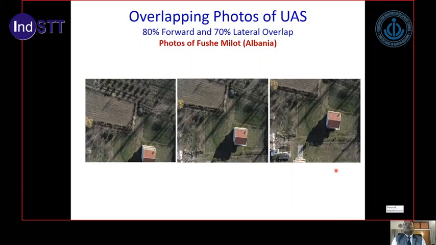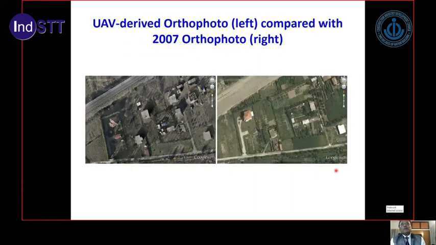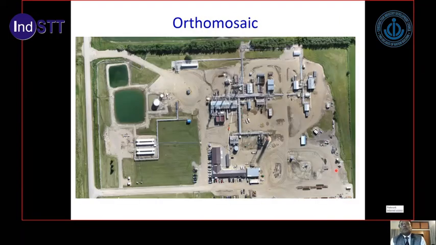Once you create the orthophotos, you can carry out accurate measurements, and it acts like a topographical map. This is the orthophoto of an area which has been created by joining several images, and now this is just like a topographical map, and any measurement you can carry out on this is as accurate as a topographical map.